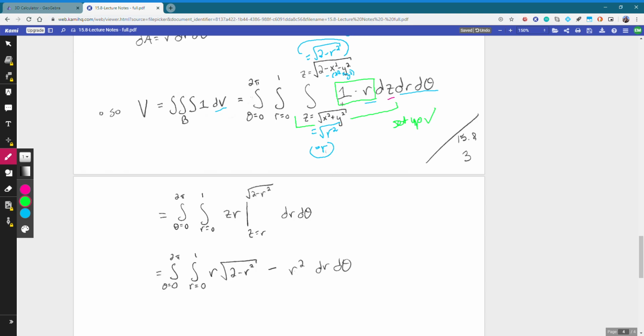So the antiderivative is z times r. We're going to evaluate from our lower limit up to our top. And so if we plug in our top for z and subtract what we get when we plug in our bottom for z, here's what we get. Okay, I guess I've switched the order. I'm putting the r out front and then the root on the right, and then minus r times r.